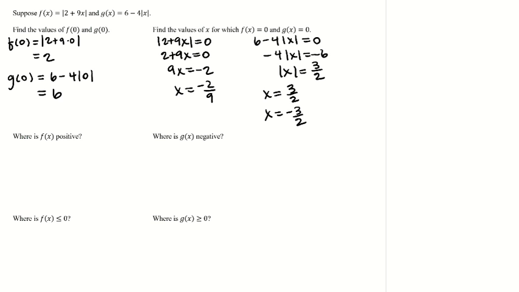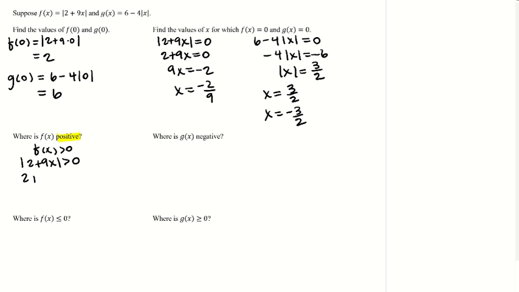Where is f of x positive? Okay, when we say positive, what we mean is greater than 0. So f of x is greater than 0. So I've got f of x, the absolute value of 2 plus 9x, is greater than 0. The absolute value of a number is always positive as long as it's not 0.